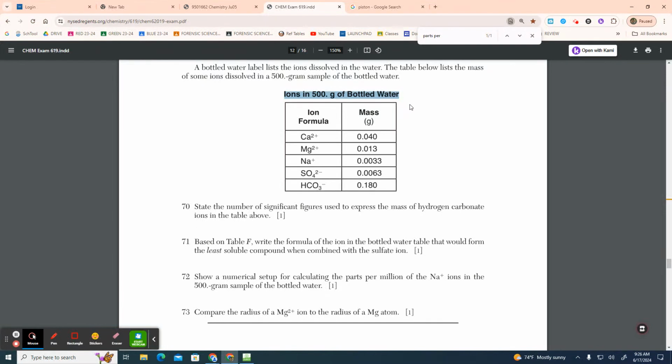If they said, here's salt, and here's 500 grams of water, 3 grams of salt, sodium ions, in 500 grams of water, this is the salt, this is the solution, the solvent. The solvent is what it is being dissolved in.